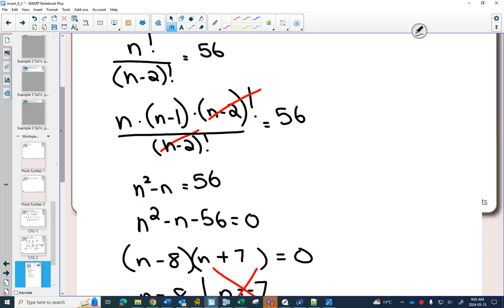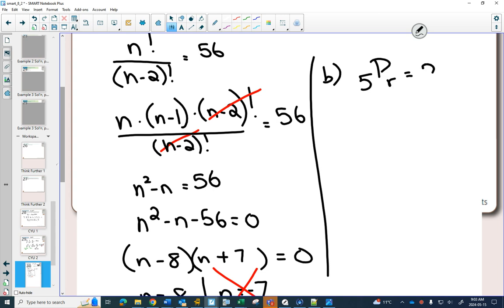But not all of them they're going to ask you to solve. Like some of your homework questions, they're not going to say algebraically. And some of them you can't really do nicely algebraically. The spaces is way better. So the second example was 5pr, sorry, is equal to 20. Right?